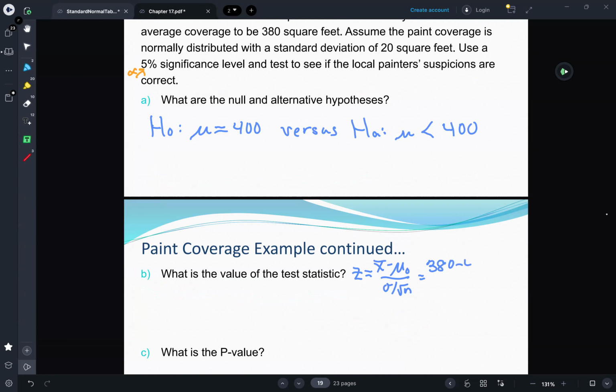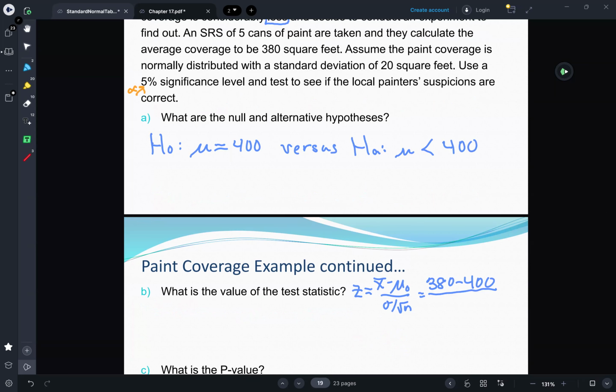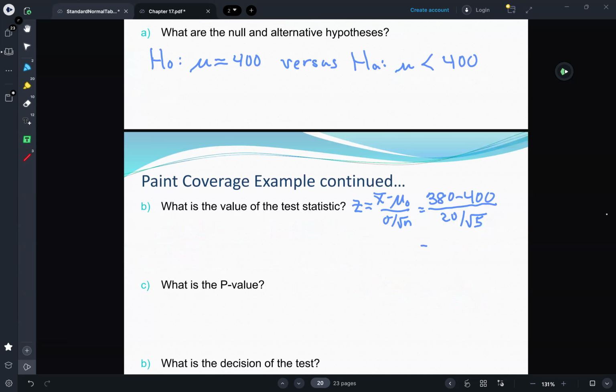380, subtract 400, divided by the standard deviation, which was given as 20 square feet. And what was the size of our sample? 5 cans of paint. That was our size. So just 5. And we get that into our calculator.